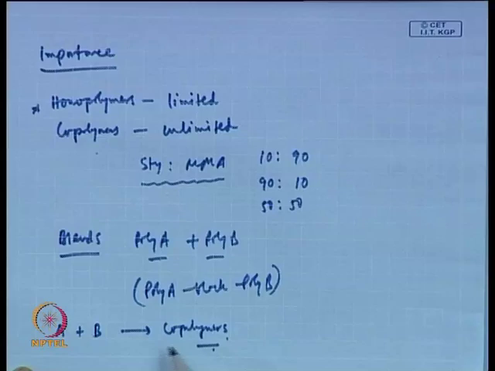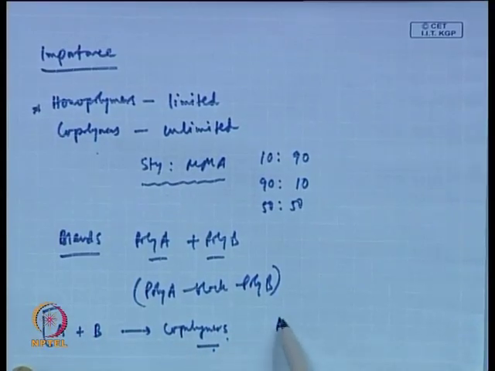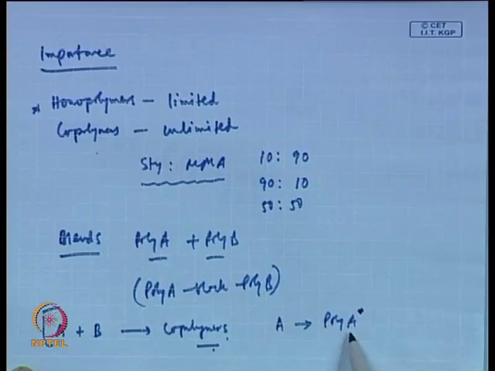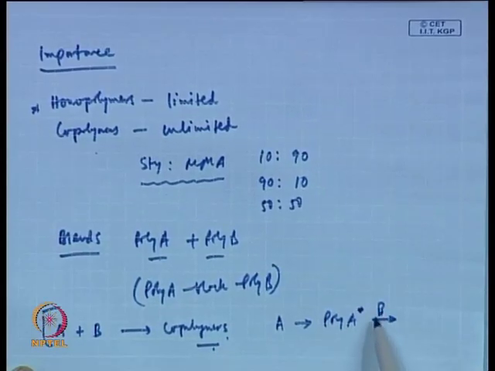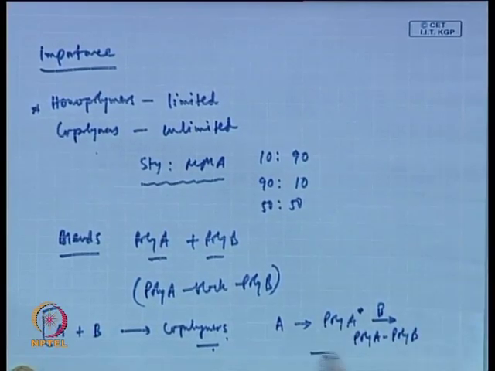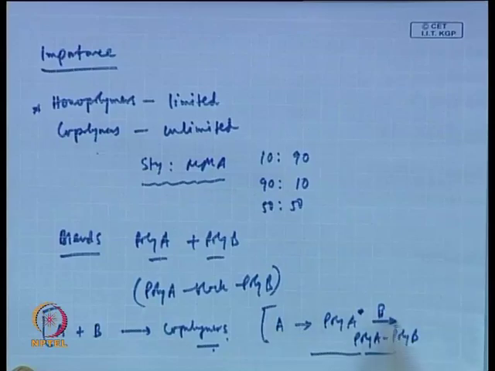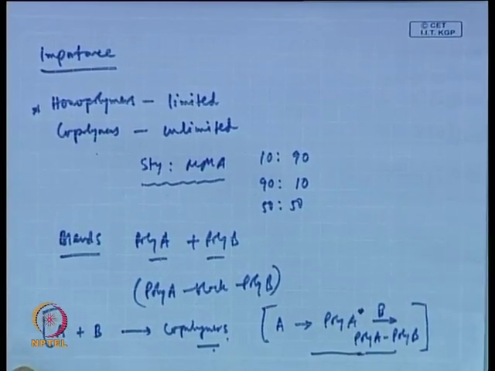We will not discuss, as it is not part of chain copolymerization, the case where you have monomer A which you polymerize by a living polymerization method to make poly A, and then add the second monomer B to make poly A and poly B. This is the most common way of making block copolymer, but we will not discuss this technique of synthesizing block copolymer in this section.